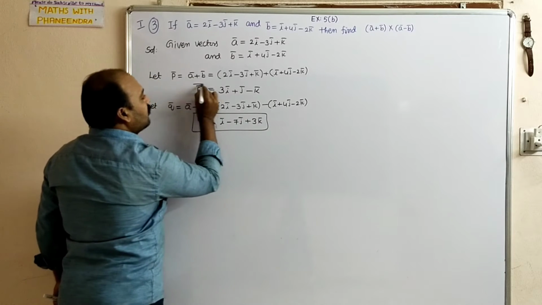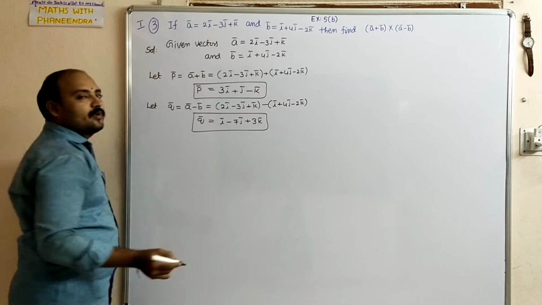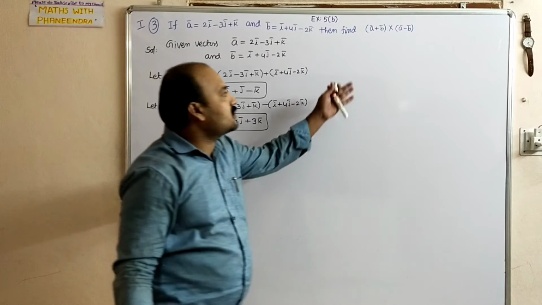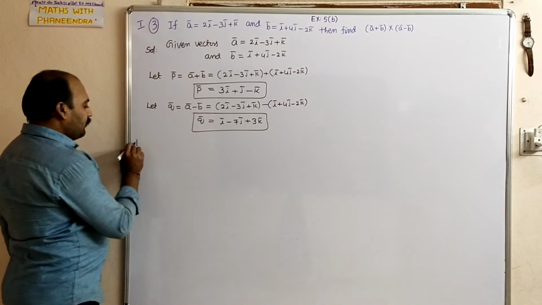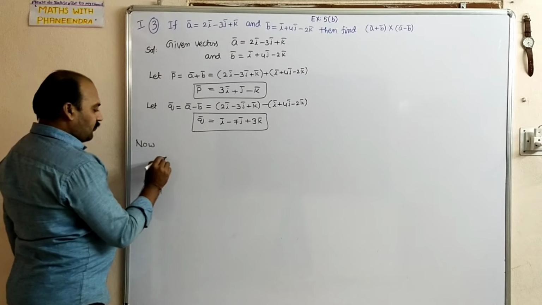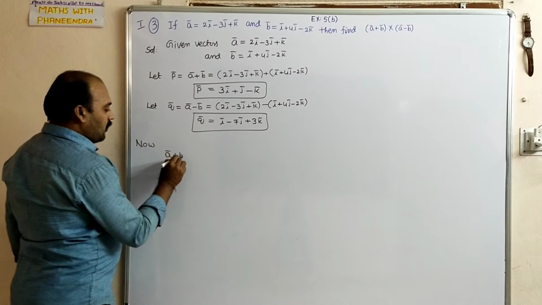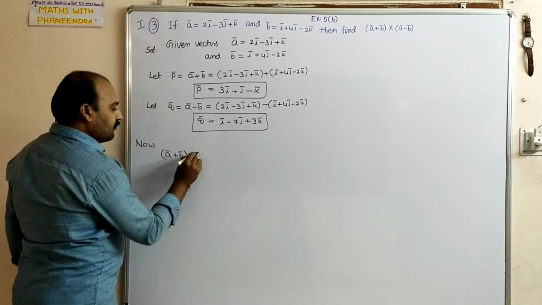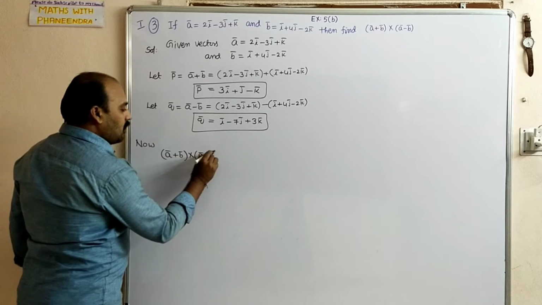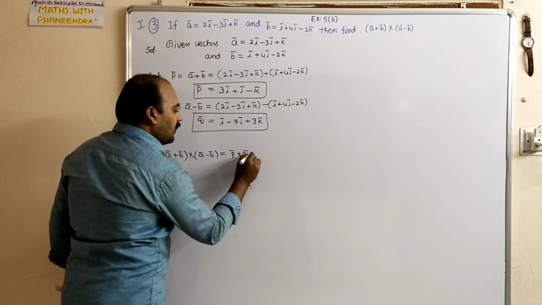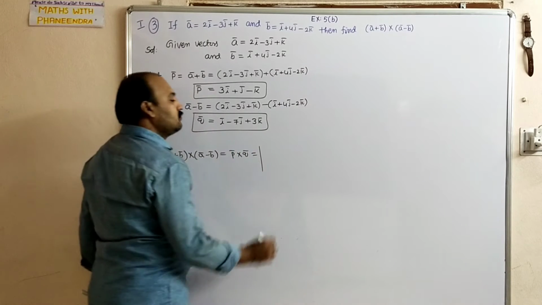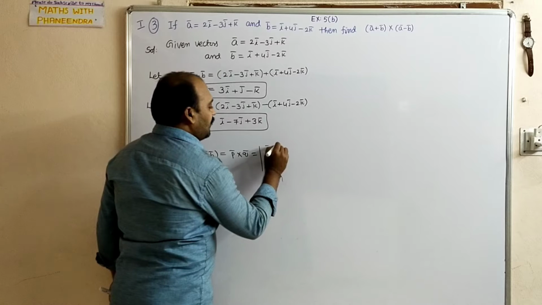So p bar value we got it and q bar value also we got it. After that they are asking to calculate the cross multiplication of the two vectors. Now a bar plus b bar cross a bar minus b bar, that is equal to p bar cross q bar equal to mod i j k.